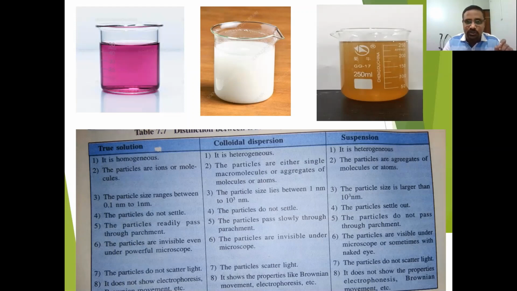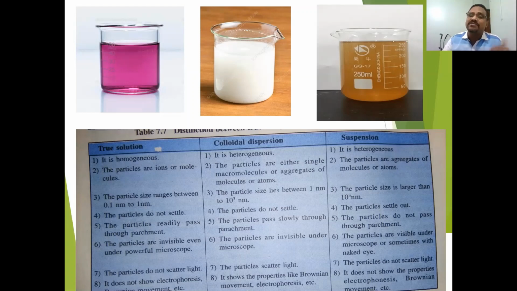When two or more different substances combine together physically in a different proportion by weight, it is called a mixture. And don't forget the word physically, because there are no chemical changes while studying this chapter, that is solutions.